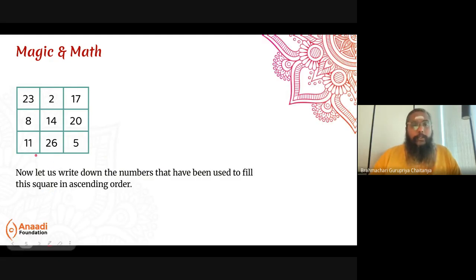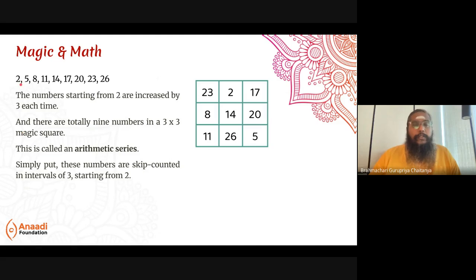So let us look at the numbers that have been used to fill these magic squares. If we put them in an ascending order, we get 2, then 5, 8, 11, 14, 17, 20, 23, and 26.